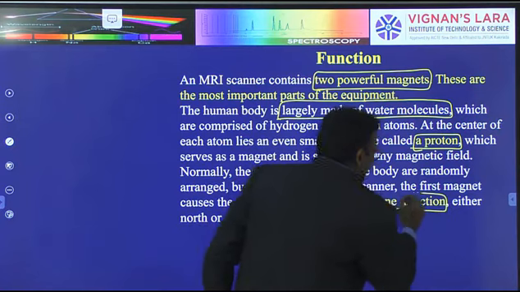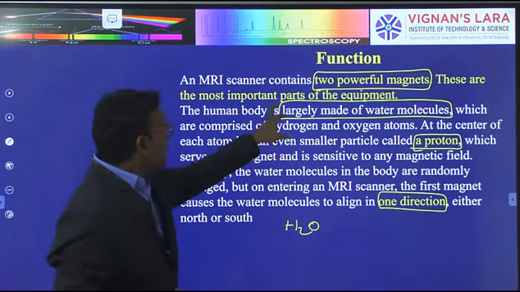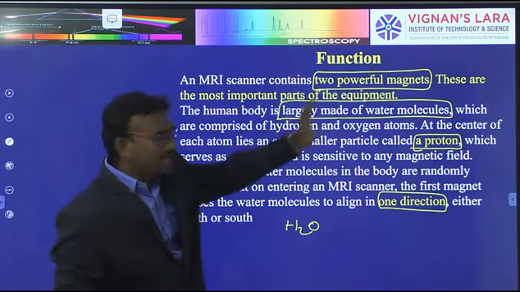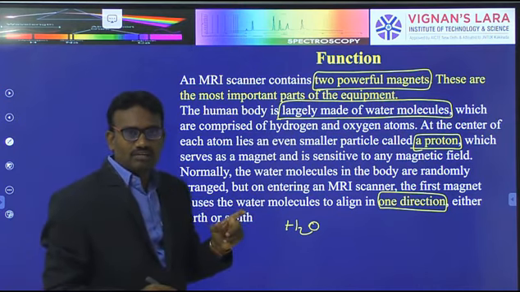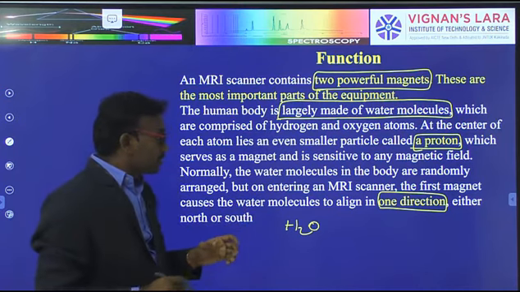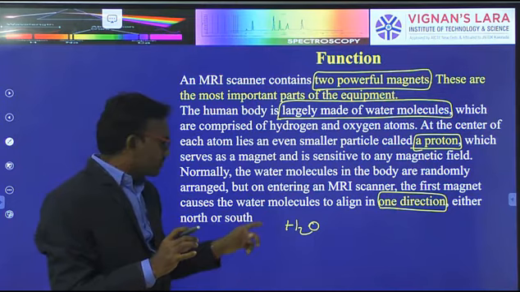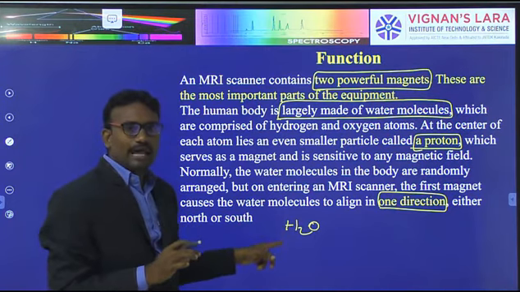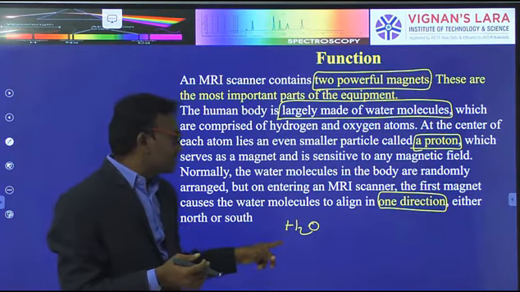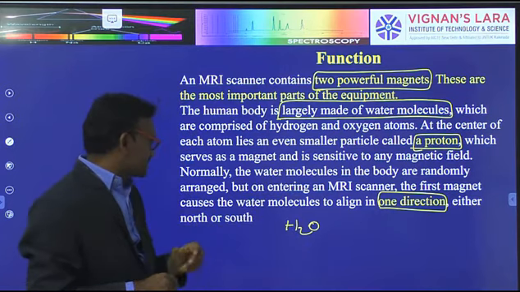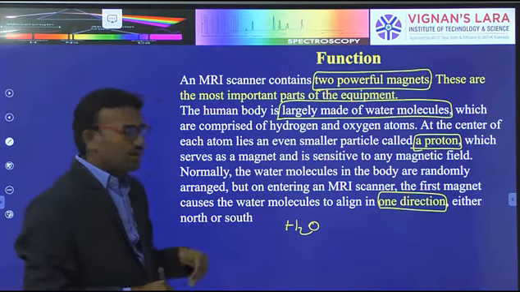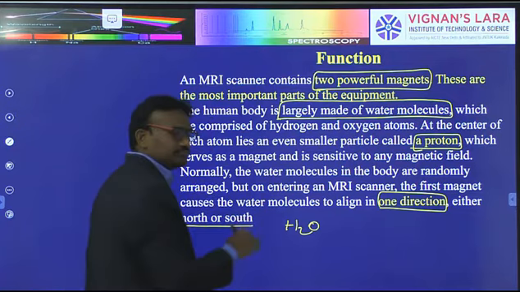The first powerful magnet's property is to change the random molecular order into only one direction, north or south.